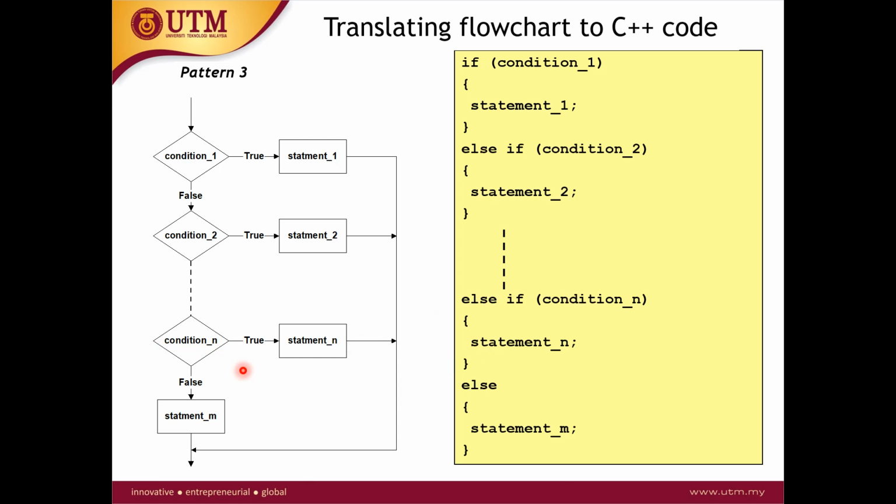For the last part we are not checking for any other condition, we just say else. So for all the other remaining conditions we are going to write else, and this one is going to be executed for all of them.